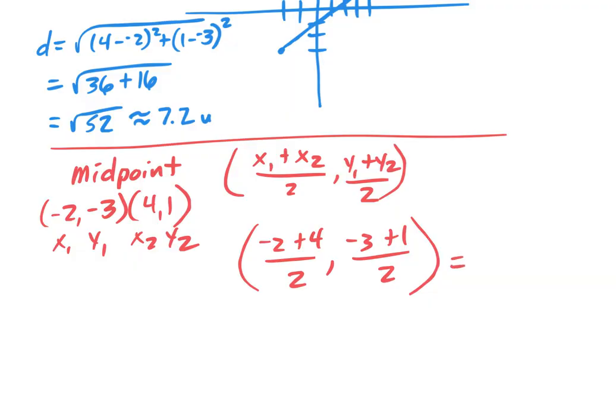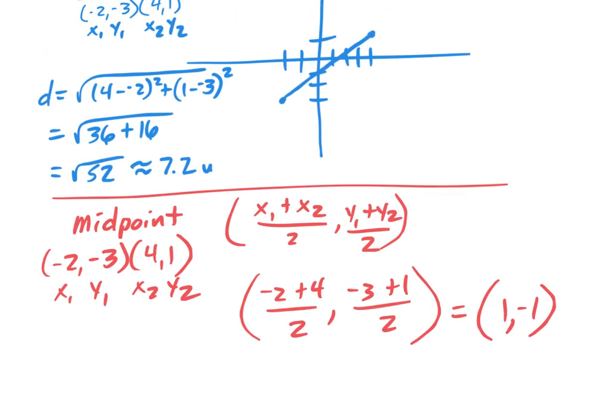We're going to do a little bit of math. -2 plus 4 is 2. 2 divided by 2 is 1. -3 plus 1 is -2. -2 divided by 2 is negative 1.